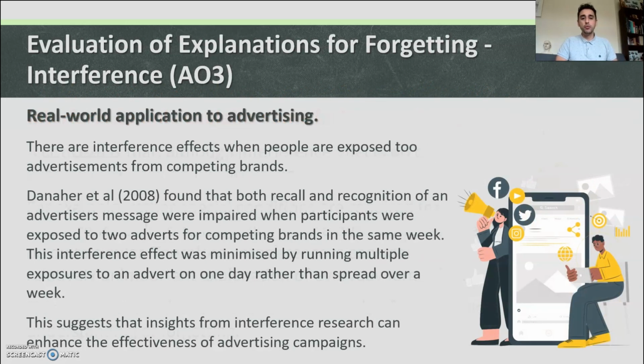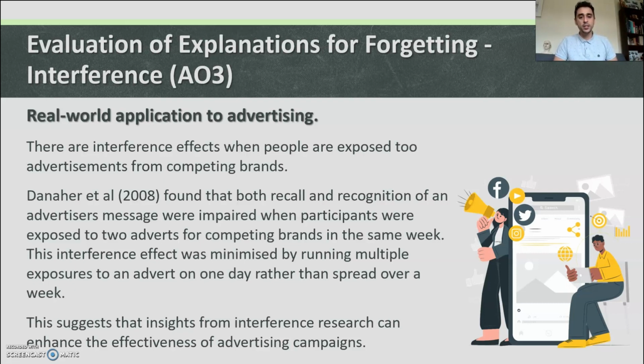Finally, there is real-world application to advertising. There are interference effects when people are exposed to advertisements from competing brands. Danaher et al. in 2008 found that both recall and recognition of an advertiser's message were impaired when participants were exposed to two adverts for competing brands in the same week.